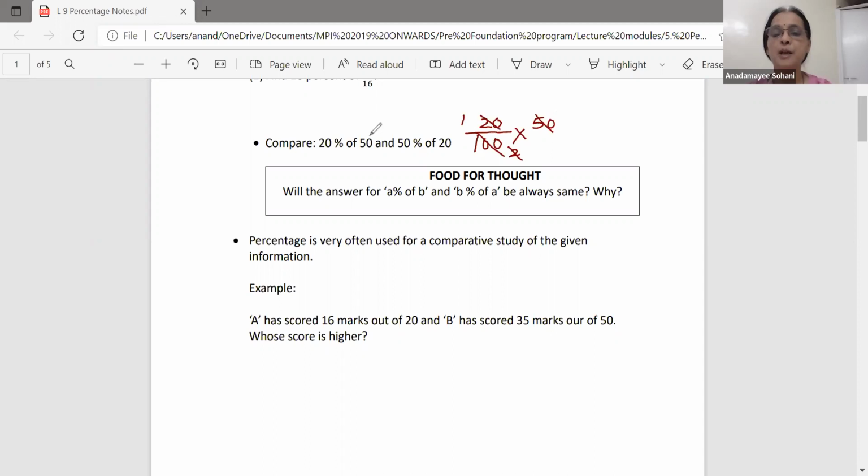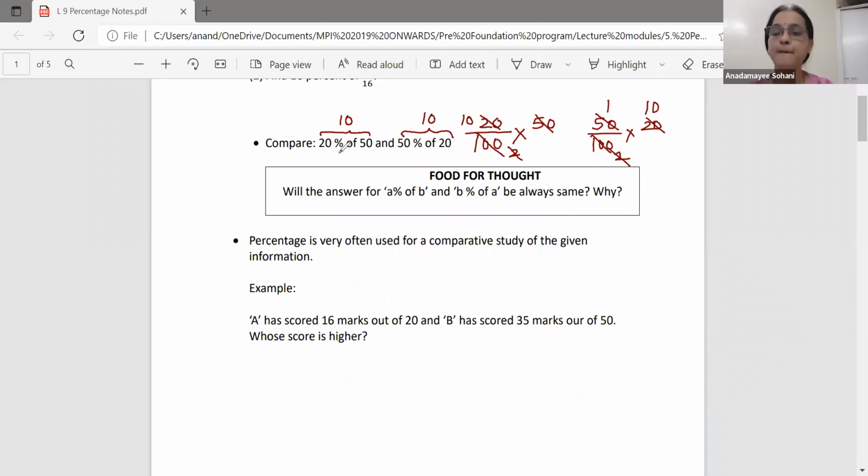So 20% of 50 is 10. And now I'm finding 50% of 20. 50 ones are 50, 2 ones are 2, 2 tens are 20. Ta-dang! This is also coming 10. So 20% of 50 and 50% of 20 both are equal to 10.